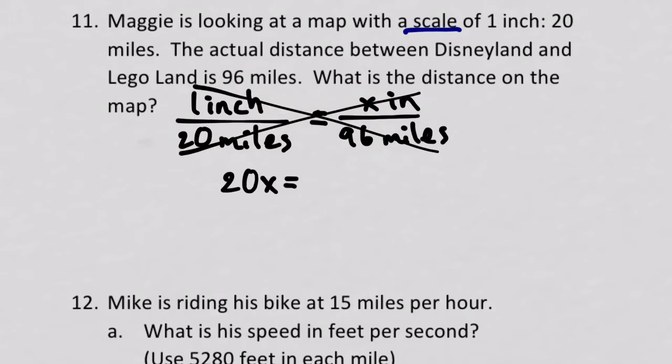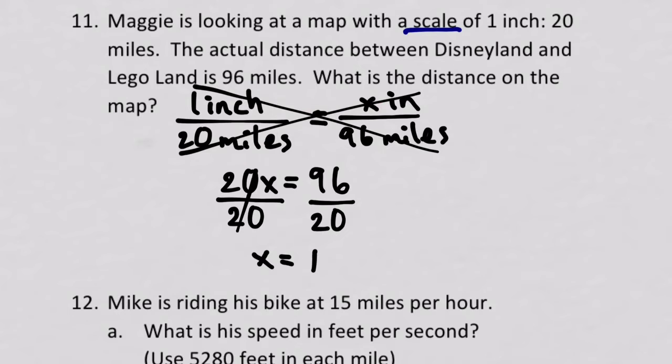And I'm going to do 1 times 96, which is 96. And now it's a simple equation to solve. I want to get rid of 20. That's multiplication, so the inverse is division, so divide by 20. That cancels, so x equals 96 divided by 20, according to my calculator, will be 4.8.